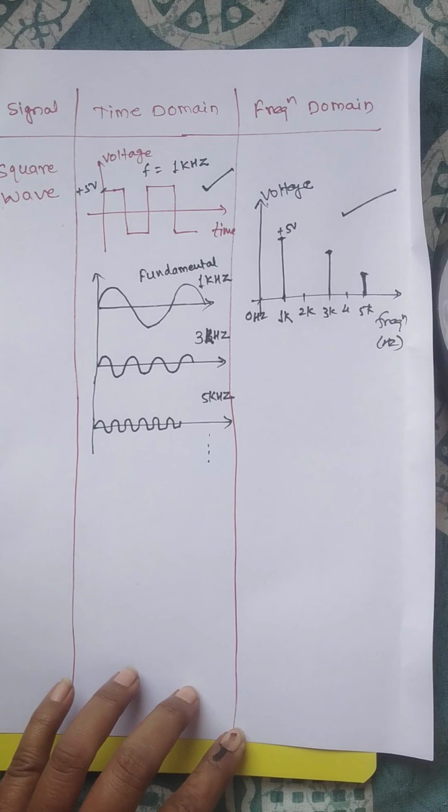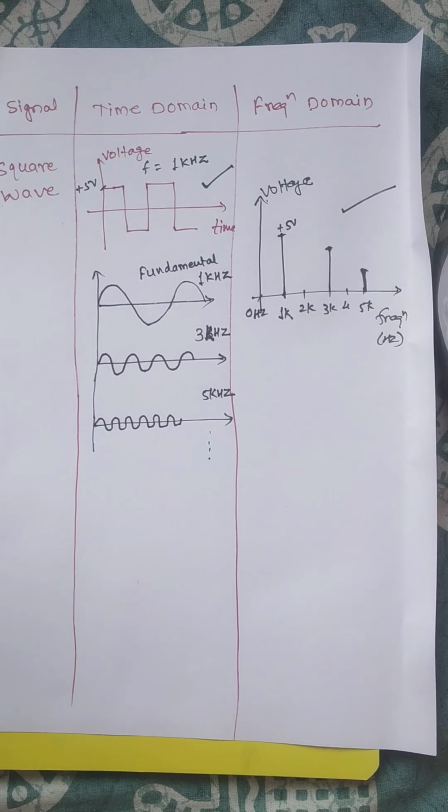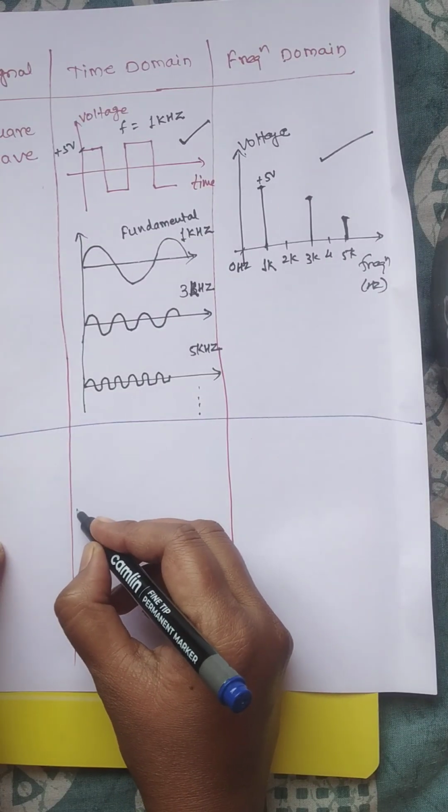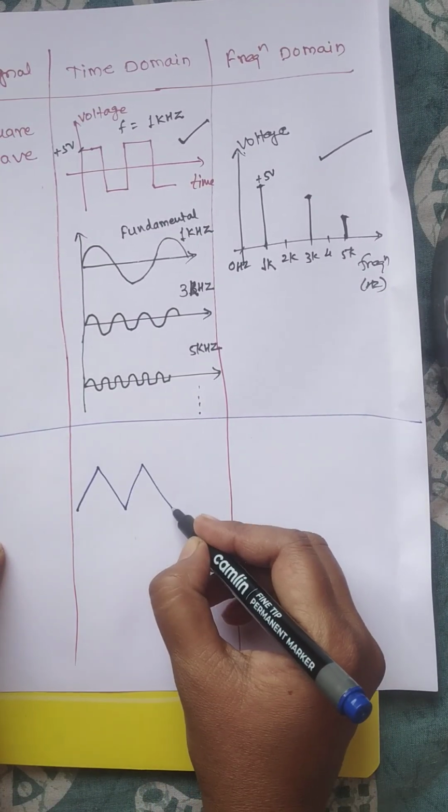In the time domain representation, suppose we have some other waveform, any random waveform or a triangular wave.